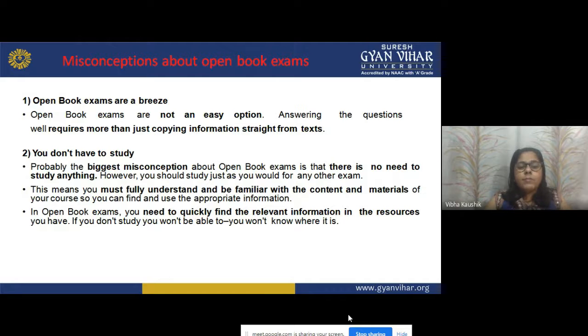In open book exam, you need to quickly find the relevant information as there is a time limit. So you have to quickly find the important information in the resources you have. If you do not study, you won't know where it is. And when you are not studying for the examination, what will happen? You won't be able to find out which type of information is available there.